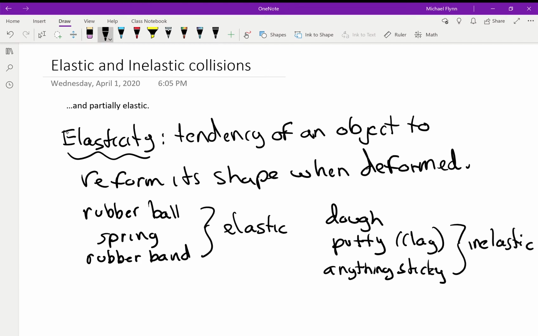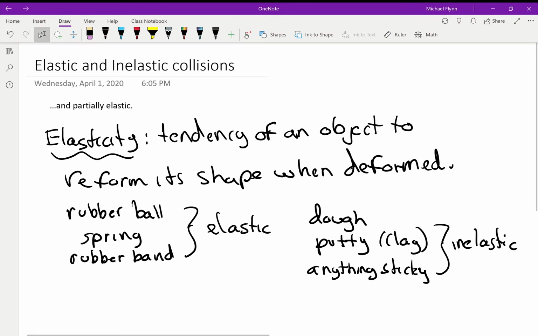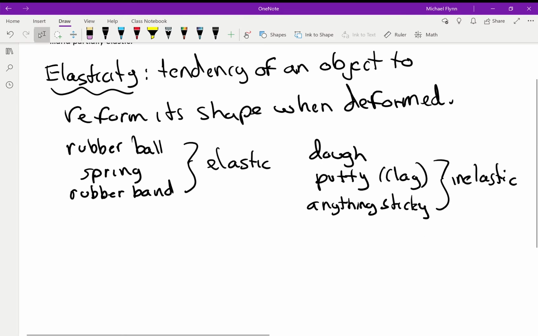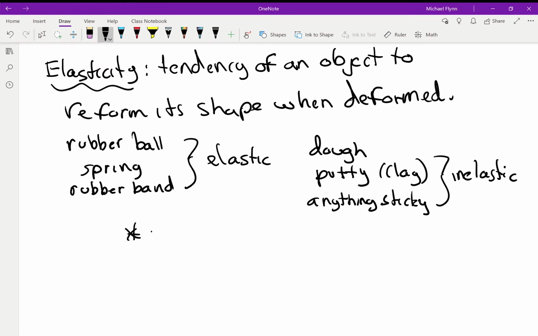Now this is not a black and white concept. It's not either elastic or inelastic. Actually, everything is partially elastic.